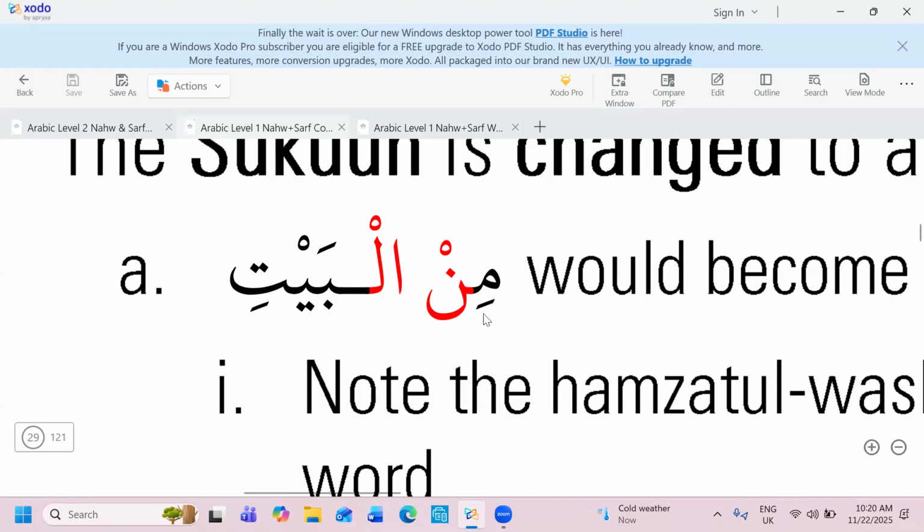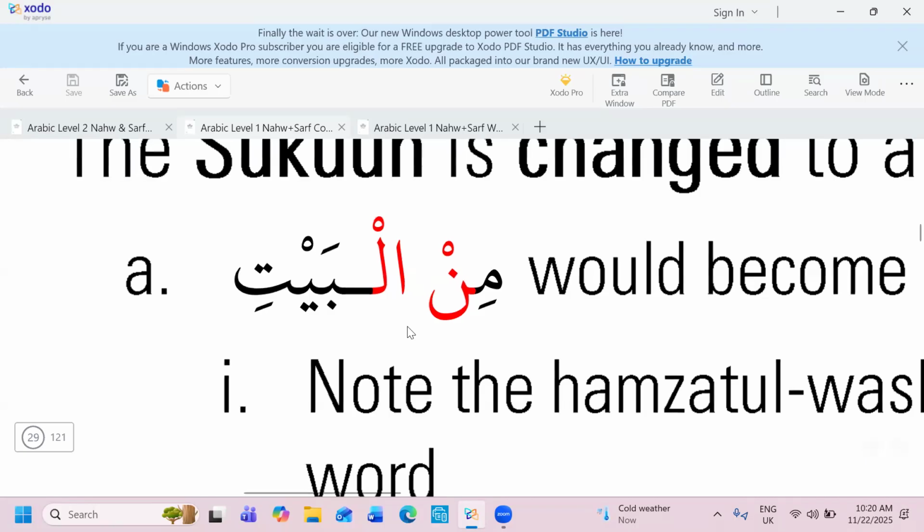If it's got a kasra, you're going to put a fatha there. If it's the other way around, for example man, with a fatha, you're going to put a kasra on it. So it becomes minal bayt, or manil. So if it's got a kasra, you put a fatha. If it's got a fatha, you put a kasra. And that's how you join it up.